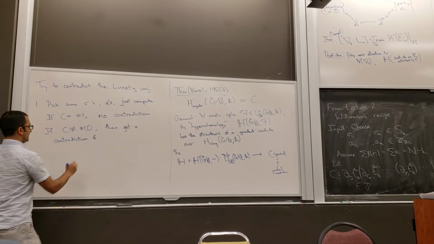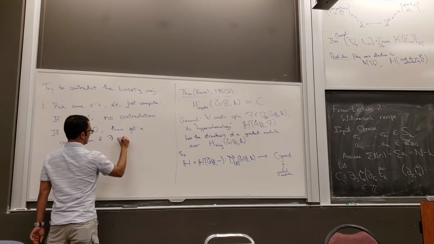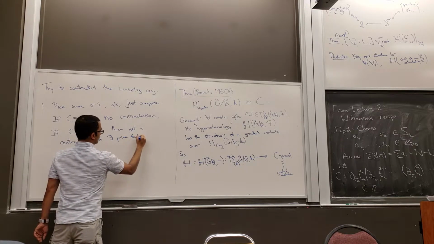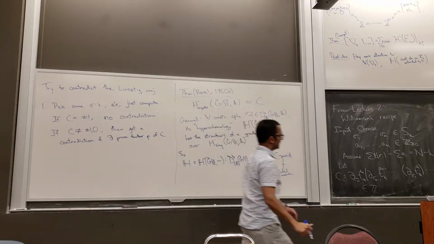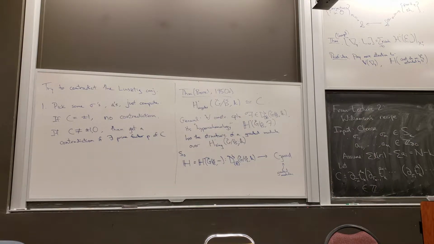Then you get a contradiction if there exists a prime factor P of C. If you find a prime factor P of C, then that's going to be a characteristic where C is congruent to 0, and where these ranks will disagree.